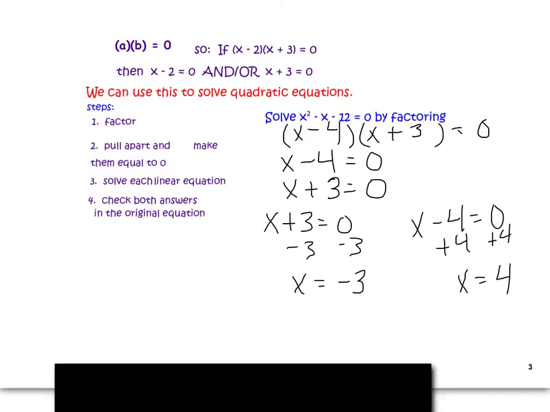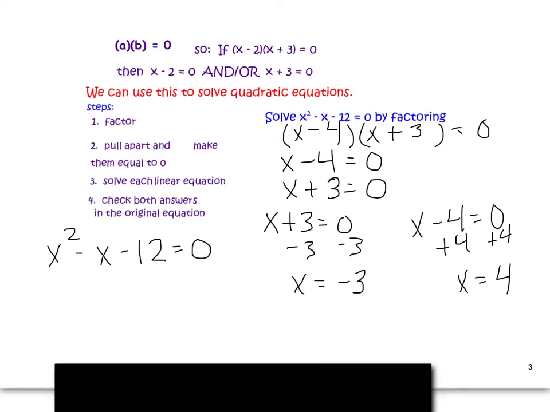So you can check these answers by plugging them back in, by taking them and putting them back up here into this step, or even better, if you want to check the fact that you had it factored, you could take this and plug it up here into your original equation, the x squared minus x equals 12, to figure out whether or not you did it correctly. So I'm just going to try it with one of my variables.